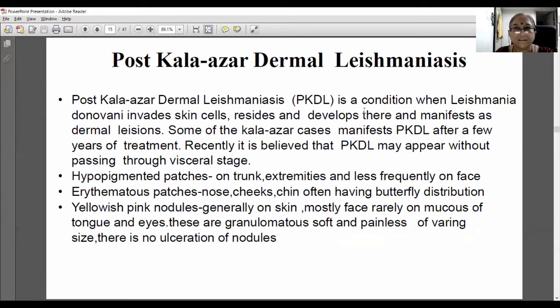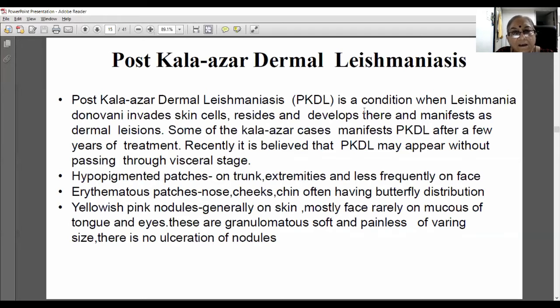Now, post Kala-Azar dermal leishmaniasis is a condition when Leishmania donovani invades skin cells, resides and develops there, and manifests as dermal lesions.